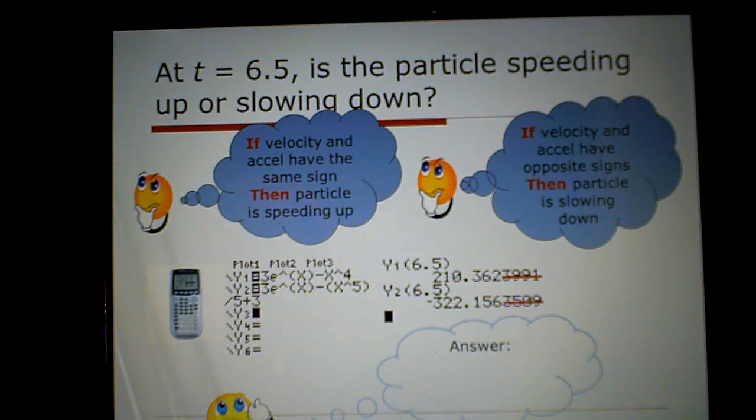And I'm going to say, because acceleration at t equals 6.5 is positive, velocity at t equals 6.5 is negative, therefore particle slowing down. Done and done.